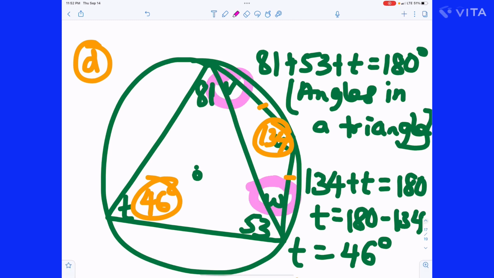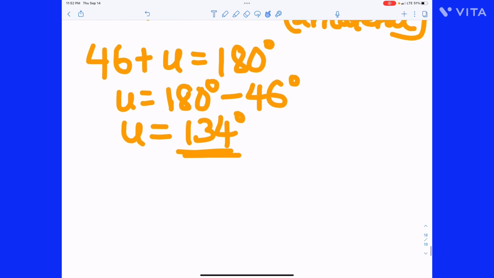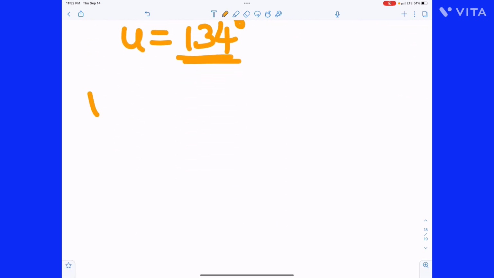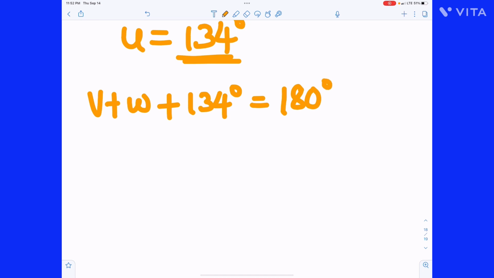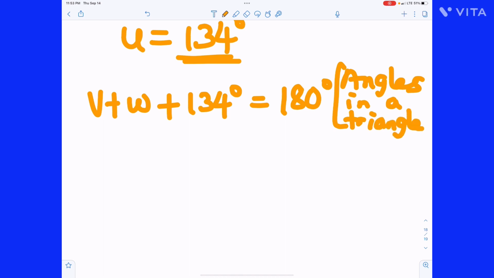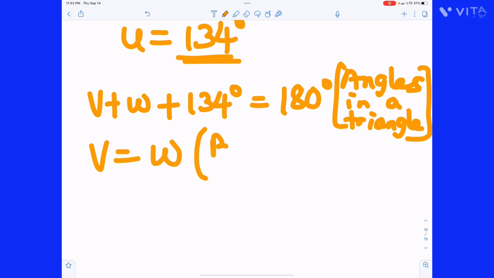So I can say V plus W plus 134 is 180, sum of angles in a triangle. And V is W because they are base angles of a triangle.